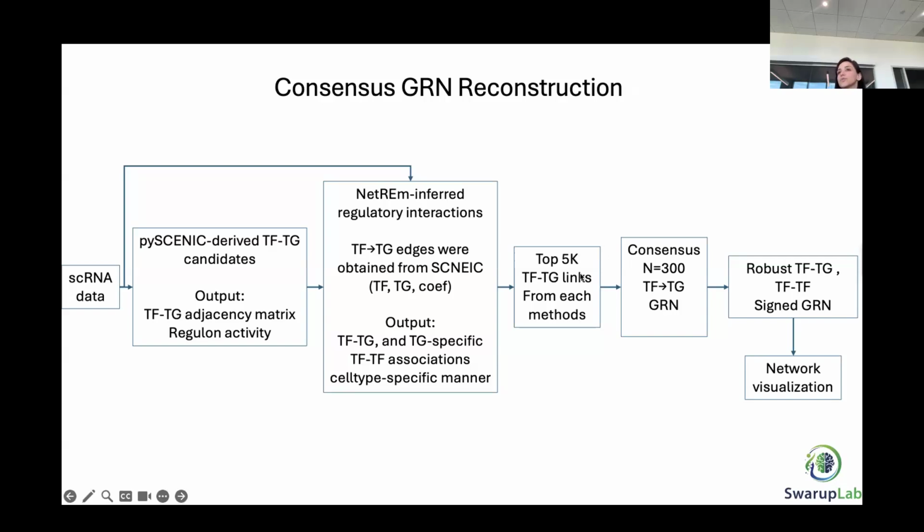The 5K was to restrain it in each method, to say this method thinks these are the top ones, and this one thinks these are the top ones. Then I looked for the TF-TGs showing up in both of them. Still, that list was more than a few thousand, but definitely less than 5,000. I don't remember if it was 3,000, but definitely more than 300.